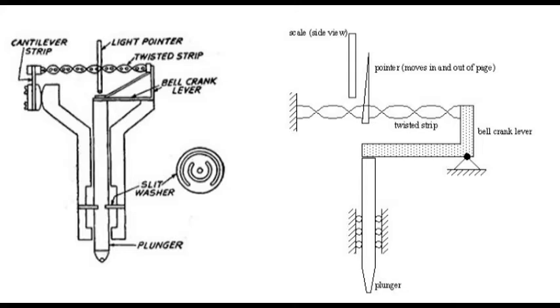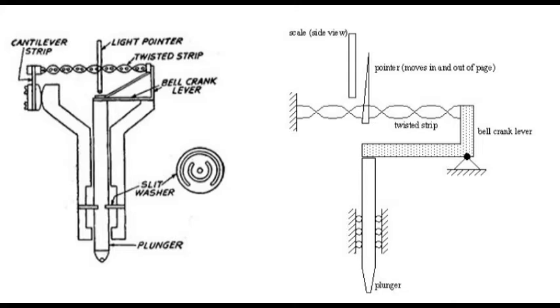In order to prevent excessive stress on the central portion, the strip is perforated along the center line, as shown in this figure. The magnification of the instrument is approximately equal to the ratio of the rate of change of pointer movement to the rate of change in length of the strip.